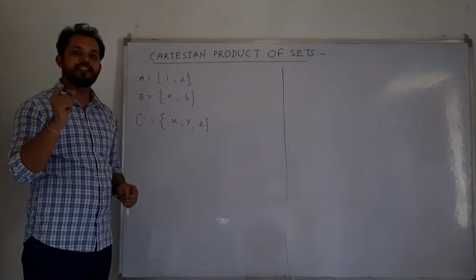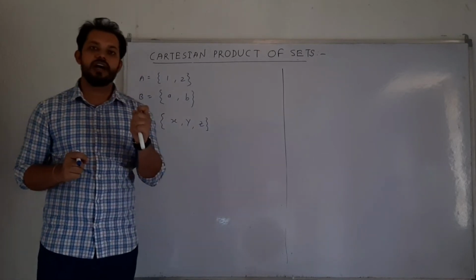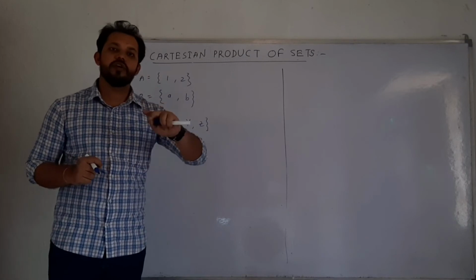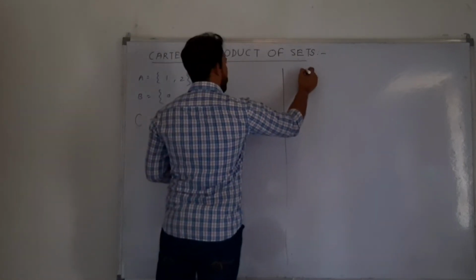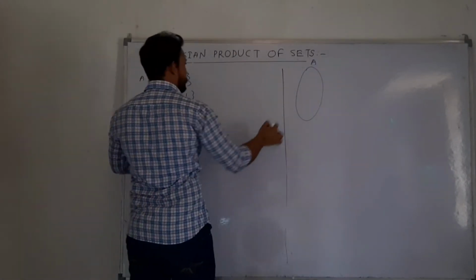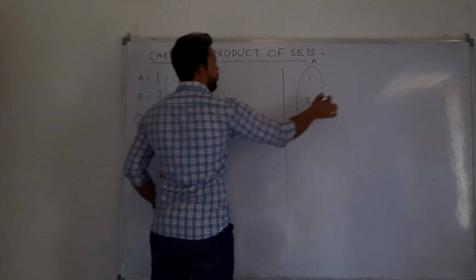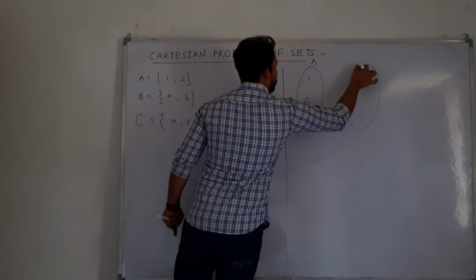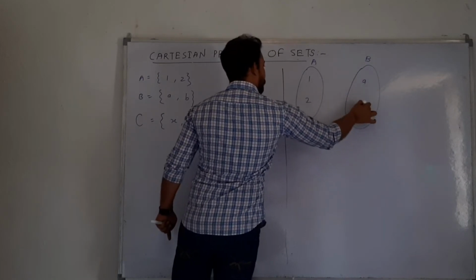To find the Cartesian product of the 3 sets, first we have to find the Cartesian product of the first 2 sets. We have our set A, elements 1 and 2, and set B, elements a, b.